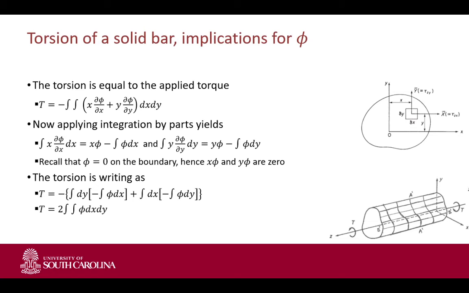We know that on a boundary our stress must be equal to 0. So we can ignore x phi and y phi in this case. If you plug that back into our torsion equation, we can rewrite it, and we see that the torsion must be equal to twice the double integral of phi dx dy.